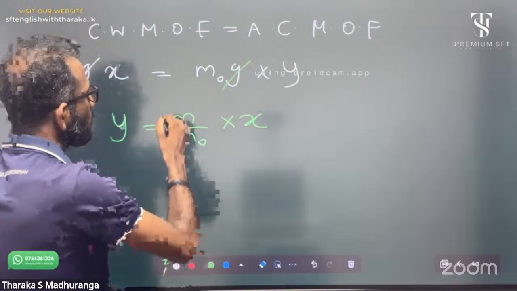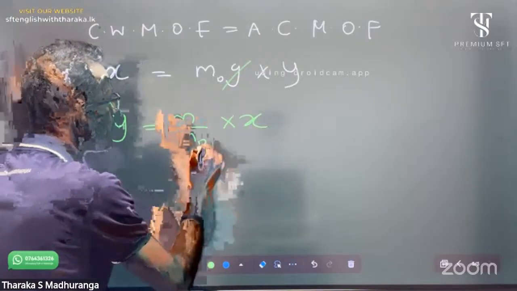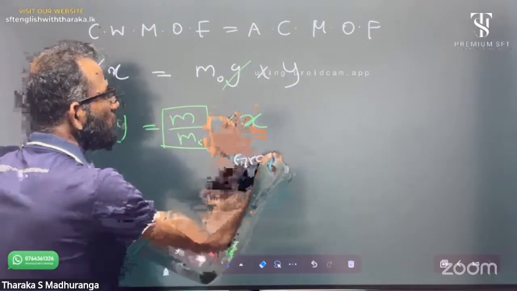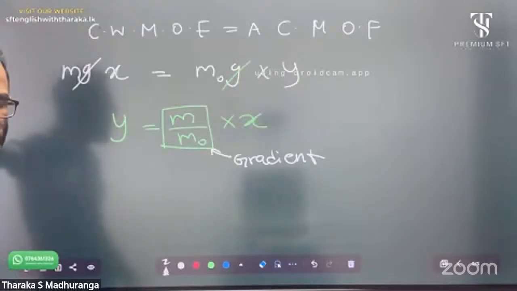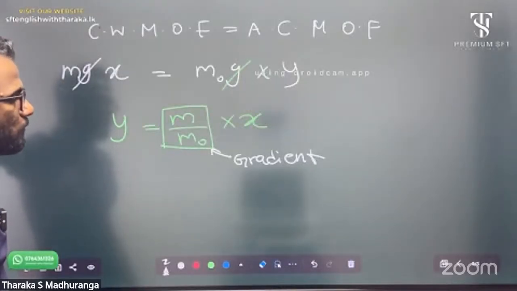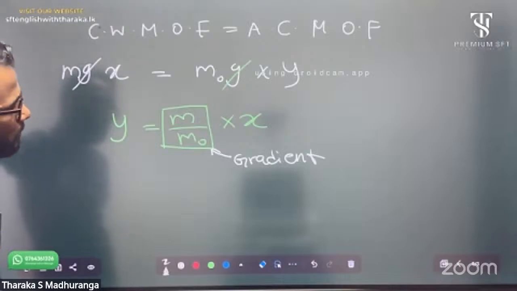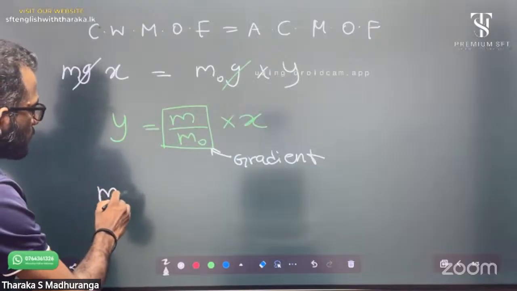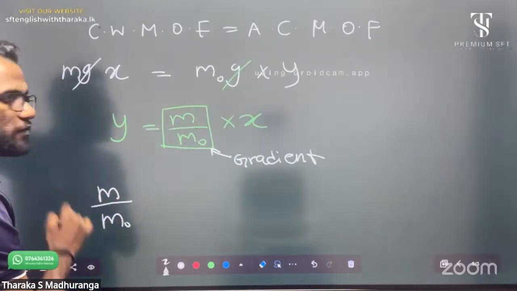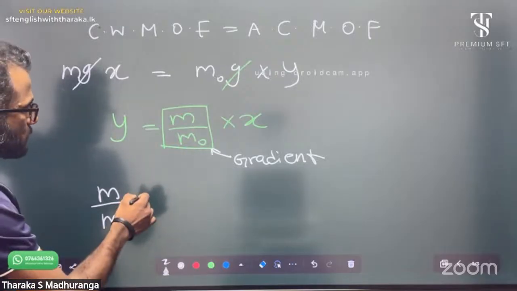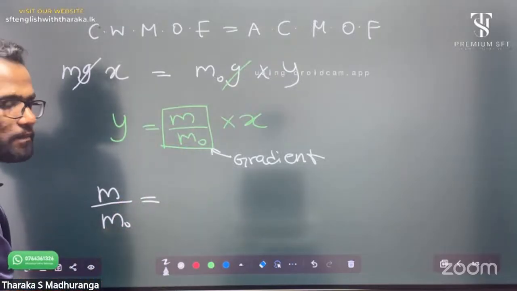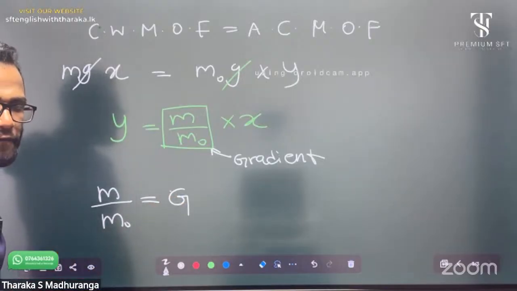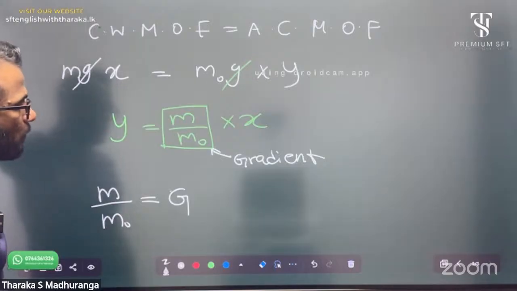We can find the gradient from the graph: y difference divided by x difference. Now, if you got the gradient m over m naught, where the unknown mass is m naught, then it equals the gradient.